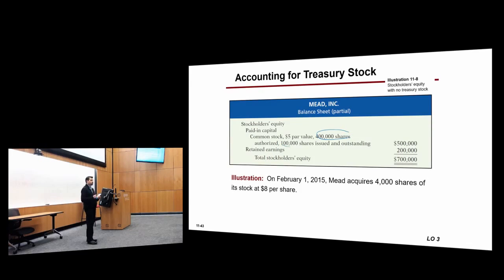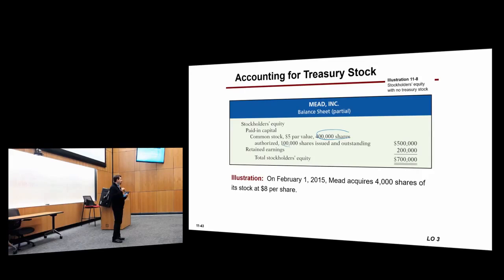Zero. If they are not issued, they are not out there. The company has the right to issue those stocks, but they are not out there. The issued ones will be part outstanding, and the other part will be treasury stock.